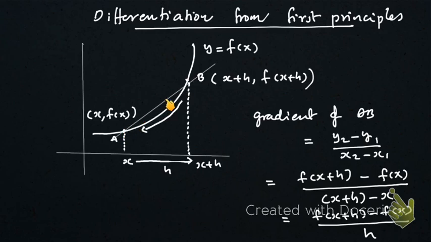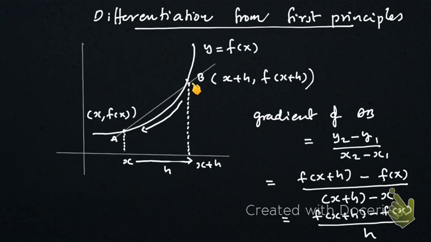Now what is a tangent? A tangent is a line which touches the curve only at one point, not intersecting the curve. This is intersecting the curve at 2 points. I want a line which just touches the curve at one point, and that too I am considering the point A. So I want a line which touches the curve at A.